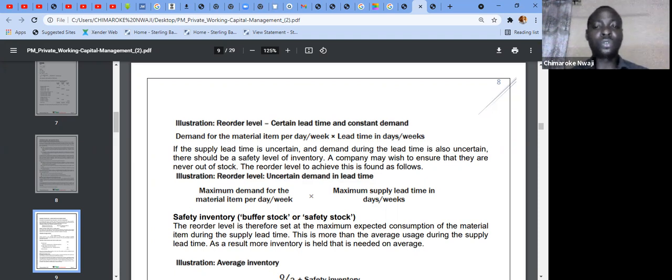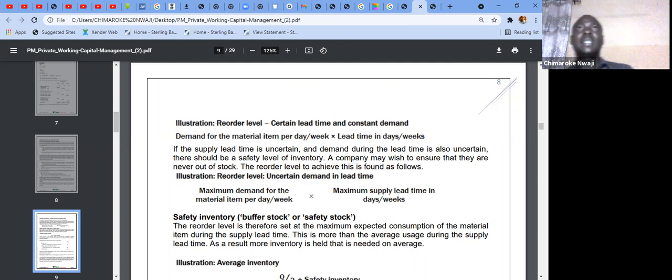Then check when you ask for an order to be sent to you, the maximum time they delayed. So multiply that maximum time in days by the maximum demand. It will give you the figure, which is the level at which, when you hit that level, you will start placing an order.